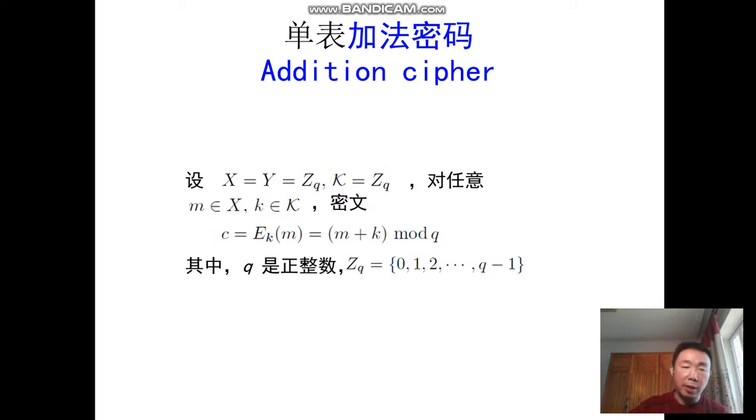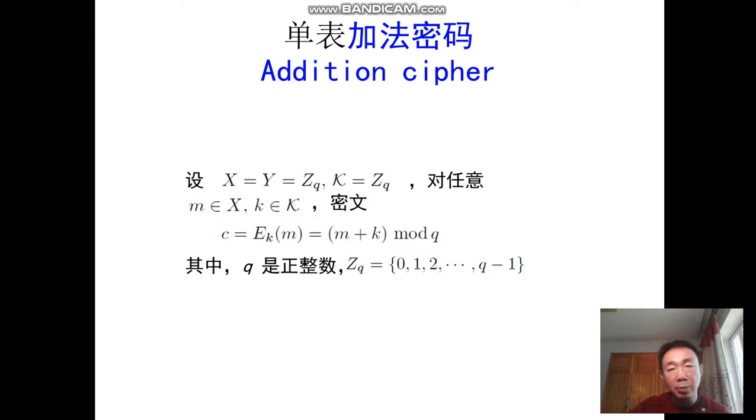Can someone tell me which number letter Y corresponds to? Yes, one student answered that letter Y corresponds to 24. Okay, let us have another try. Letter Z corresponds to which number?